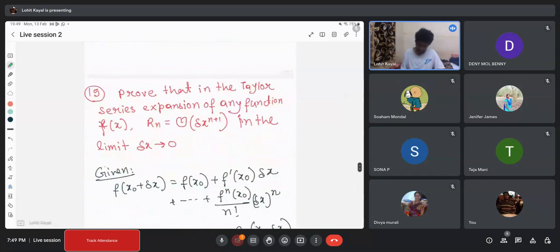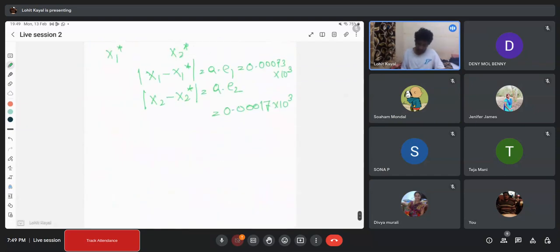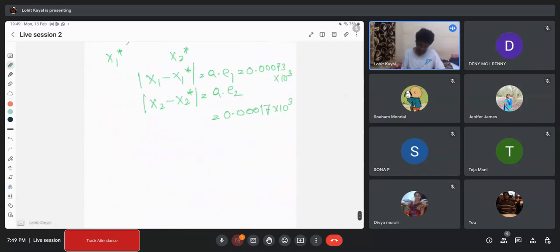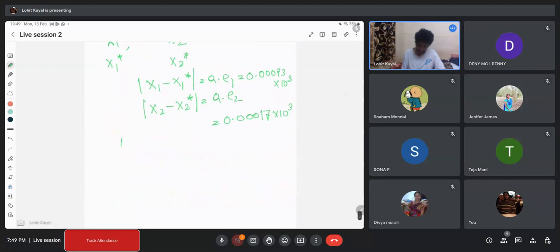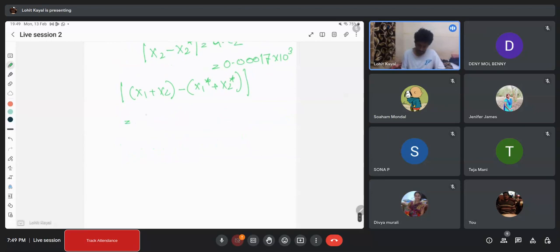So when I add these two numbers, the resultant error will be x1 plus x2 minus of x1 star plus x2 star. We can write it like this: x1 minus x1 star plus x2 minus x2 star.